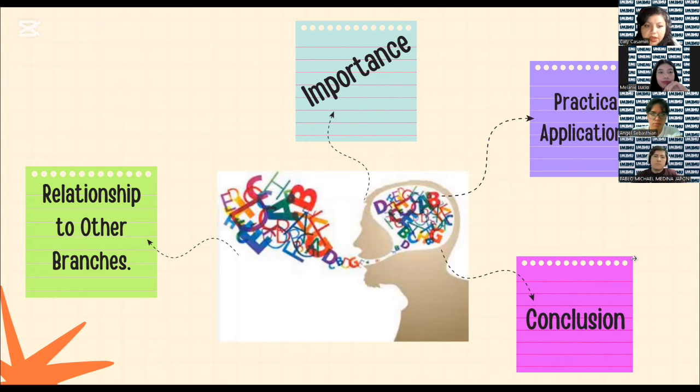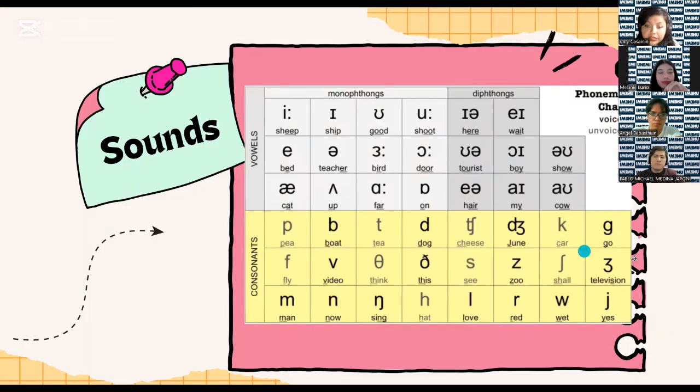Phonetic chart. The English phonetic chart includes 44 distinct sounds represented using the International Phonetic Alphabet, IPA, divided into consonants and vowels. It is essential for studying and teaching pronunciation effectively.